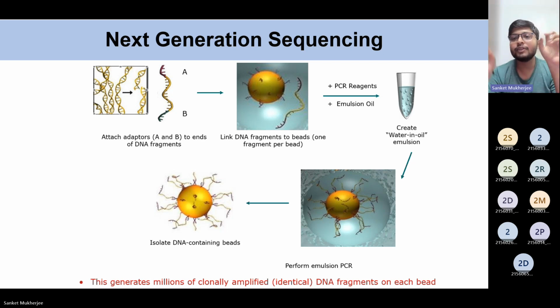Each bead will represent one reaction. Beads can be complementary to each other, because they also have adapters. They could form aggregates also. So to make sure that your DNA binds properly with the bead, it is essential that you have this oil emulsion. Because in water, things get tricky.